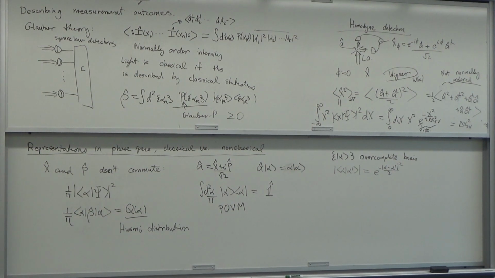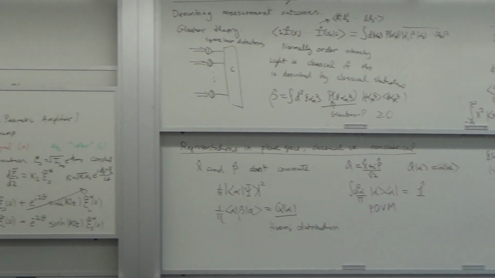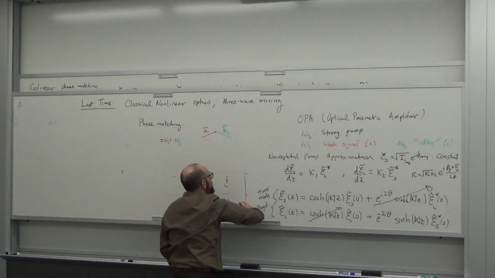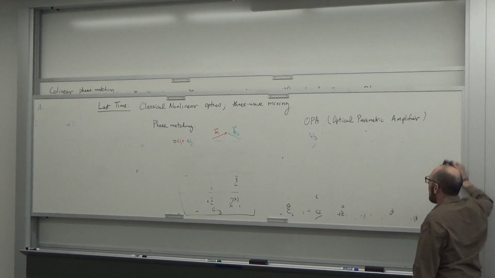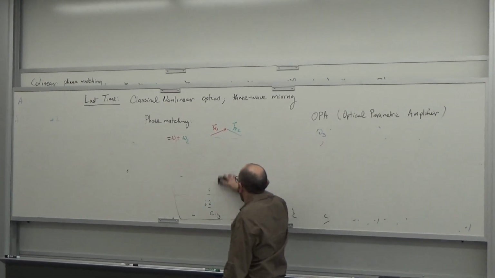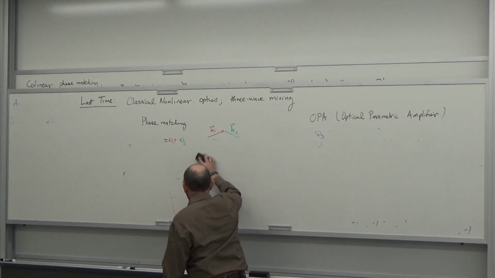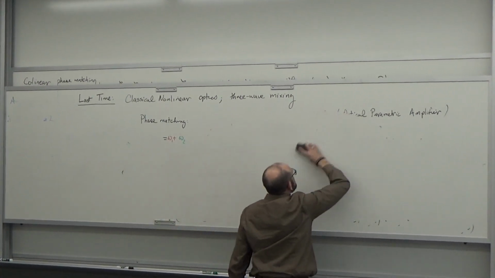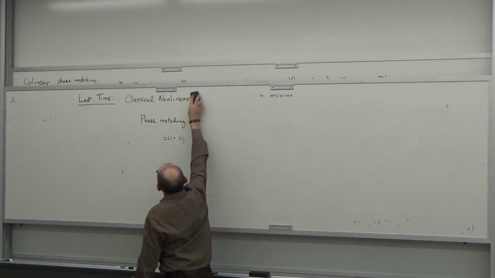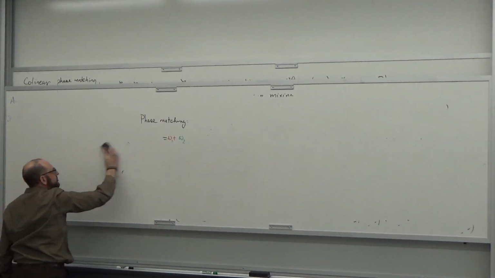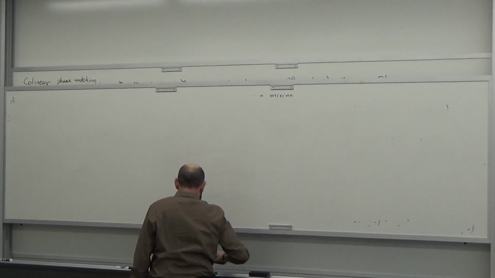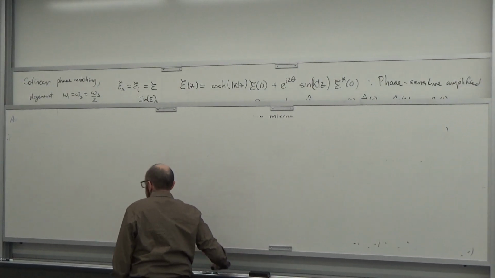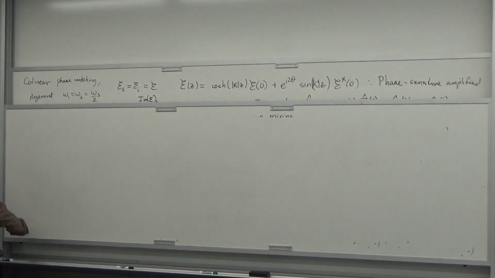So, how are we going to deal with this? Well, the different representations have to do with the non-commutivity of x and p, or equivalently, the non-commutivity of A and A dagger. Okay.